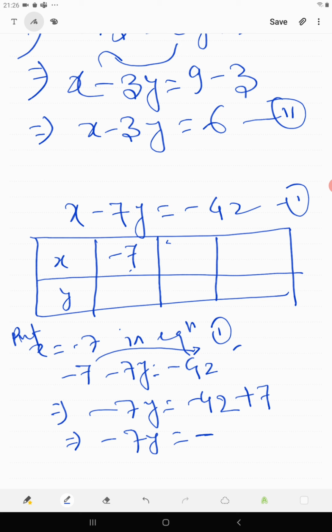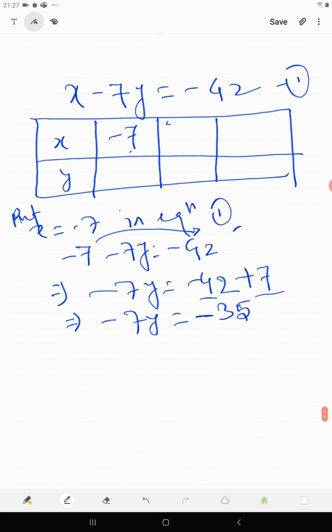When both are of opposite signs, take the sign of the bigger number, write it in the result, and then subtract the smaller number from the bigger number. 42 minus 7 is 35. So minus 42 plus 7 is minus 35.